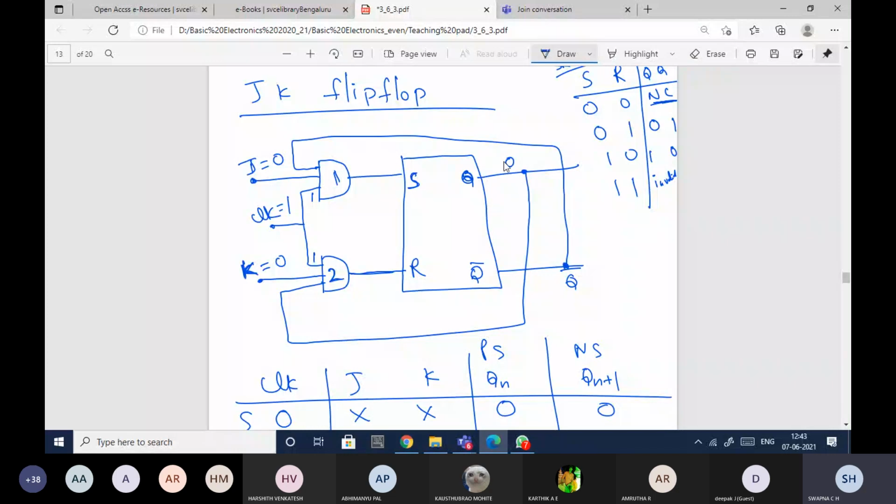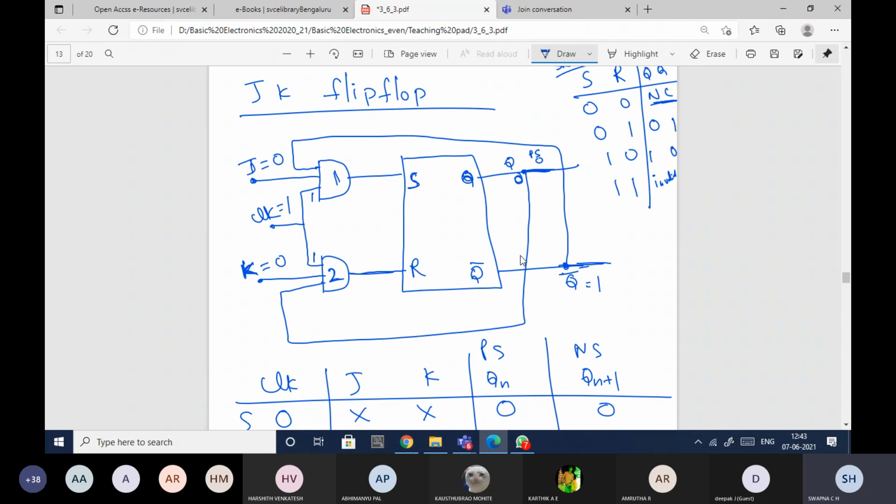This line corresponds to Q and this line corresponds to Q bar. Don't get confused with those lines because I have a connection like this. Let me consider my present state is 0. It means that Q value is 0, so Q bar is equal to 1.